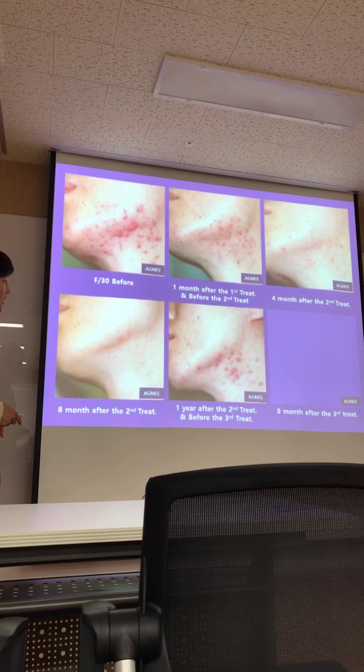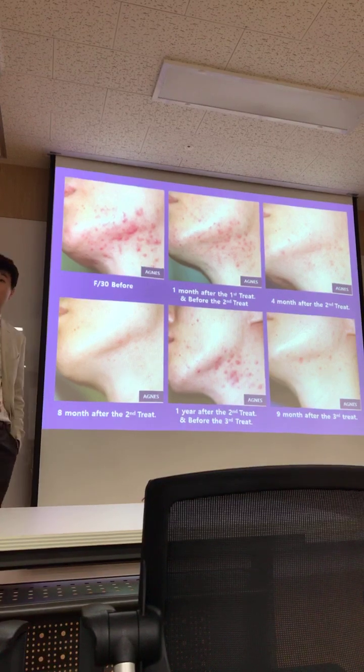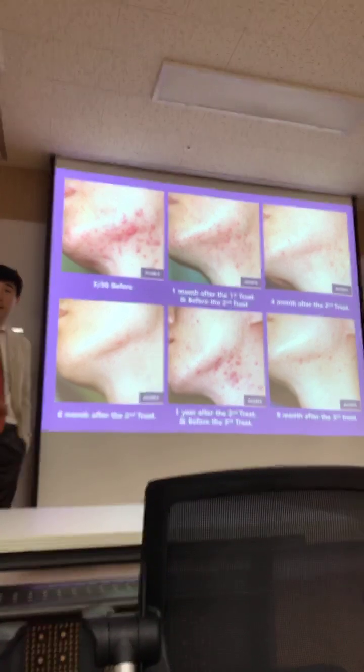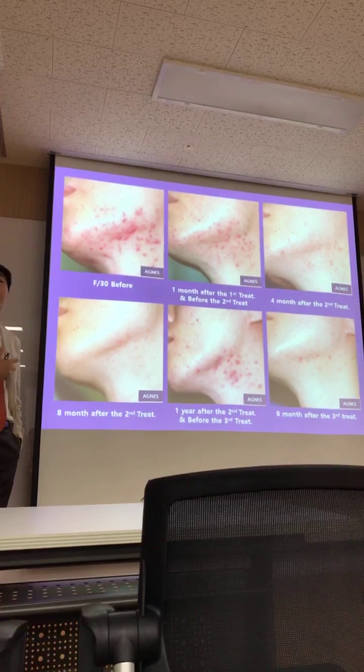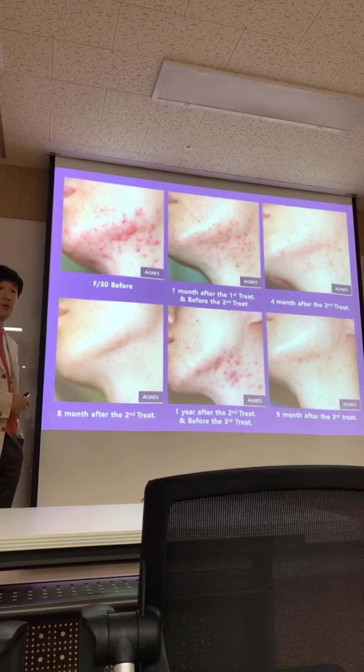I treated once again. This is 9 months after the third treatment. As you can see, there is no scar, okay? Because of step 3. Because we use the bipolar handpiece after treatment, we promoted wound healing. It is very important.